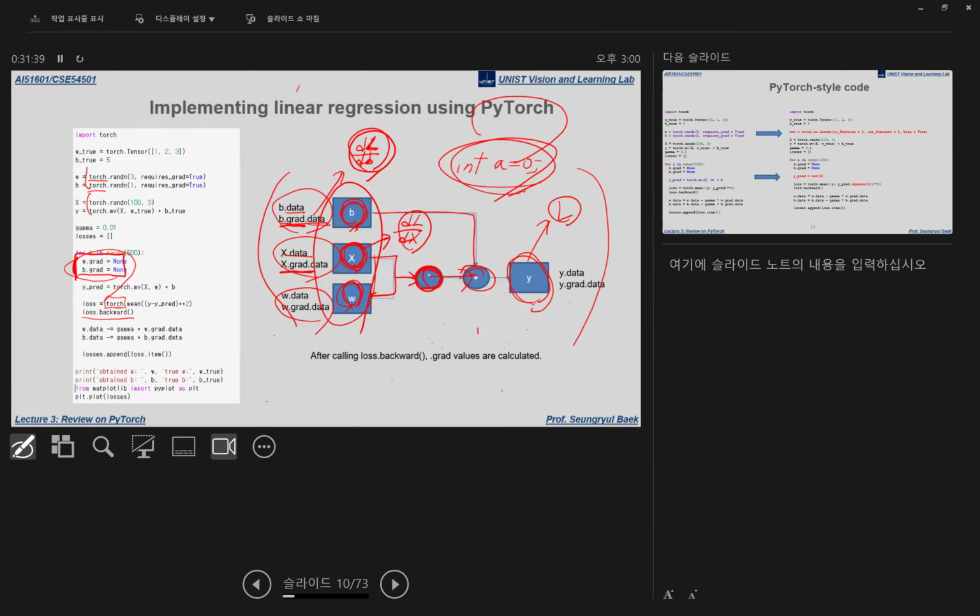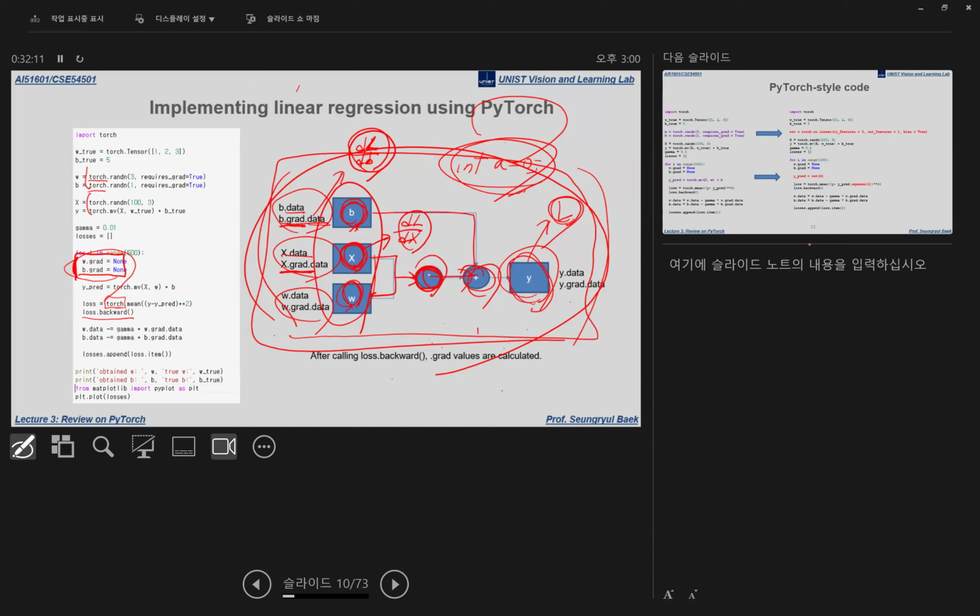Inside PyTorch, it builds this type of structure that connects the intermediate PyTorch variables defined using the operators. They are building this type of graph to estimate the final loss L. So thanks to this graph structure, PyTorch already knows which nodes are connected from this final node L.